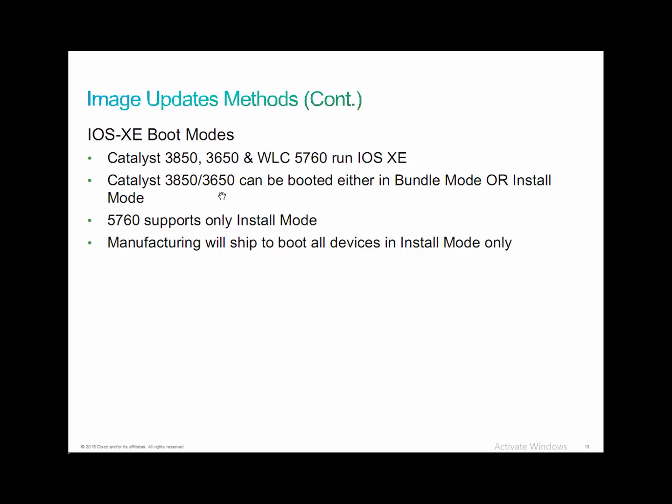Say, for example, the 3850 and 3650, those can be booted in install mode, or they can be booted in bundle mode. The 5760 can only be booted in install mode, but all of the devices out of the box will be in install mode. We're going to go through a discussion of what the difference is between bundle mode and install mode in a minute. But for now, just keep in mind there's two modes of operation.